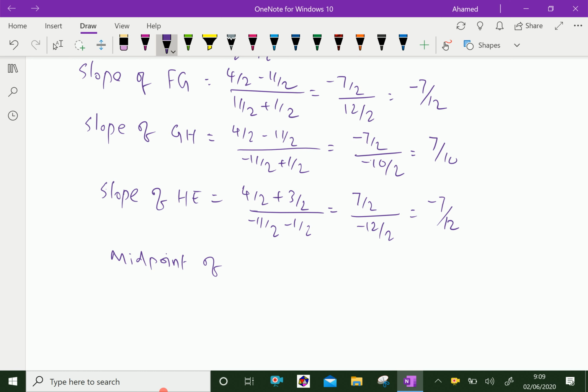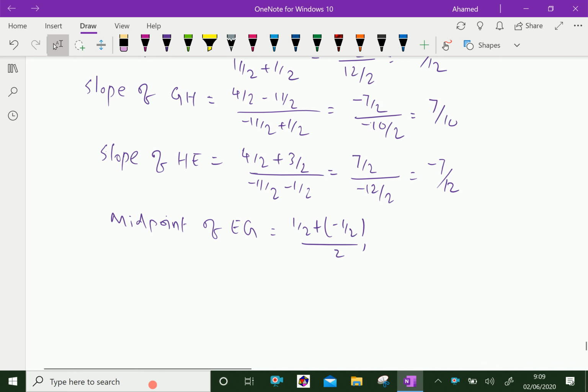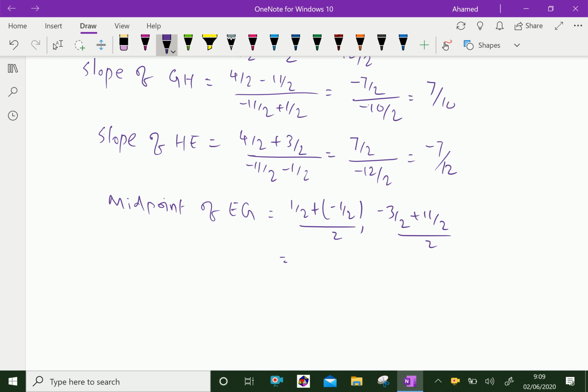Midpoint of EG, where E is (1/2, -3/2) and G is (-1/2, 11/2): (1/2 - 1/2)/2 is 0, and (-3/2 + 11/2)/2 is 8/2, that is 4.